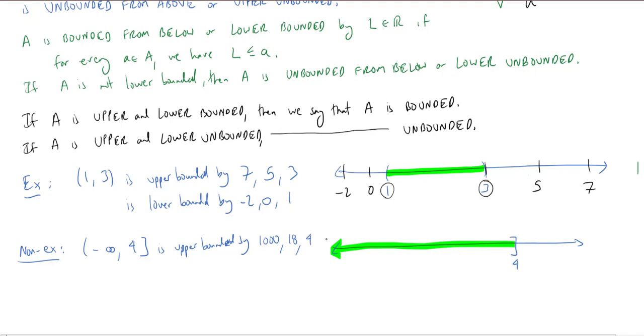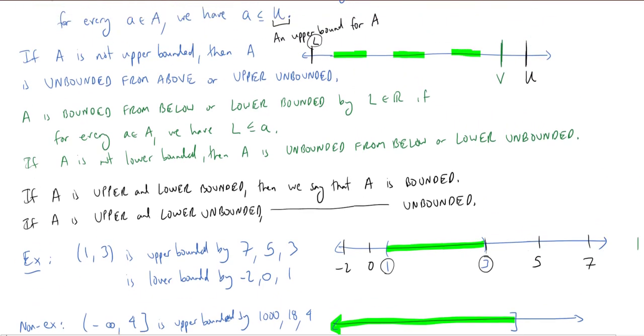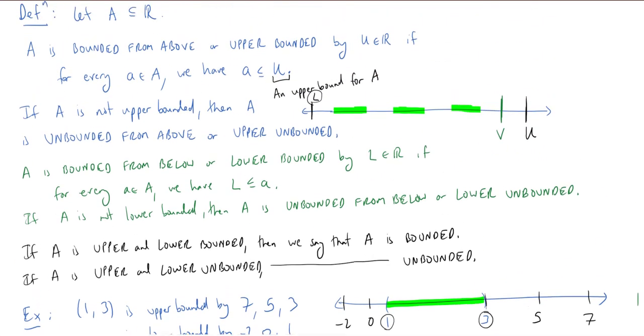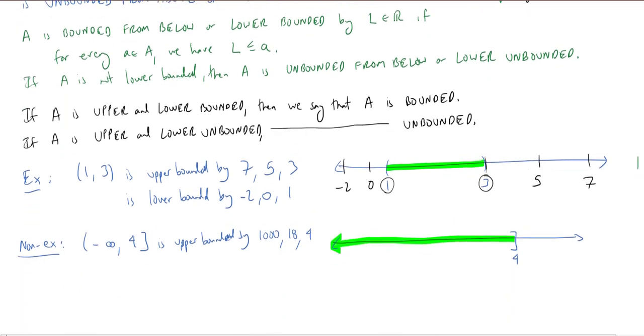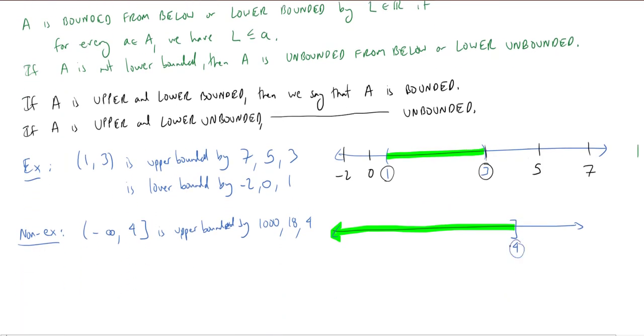And you might say, doesn't everything in the set have to be smaller than the upper bound? No, not quite. When you're upper bounded, you just need your upper bound to be greater than or equal. Equal is okay, so you can have an upper bound in your set. So 4 is an upper bound for this interval negative infinity to 4.